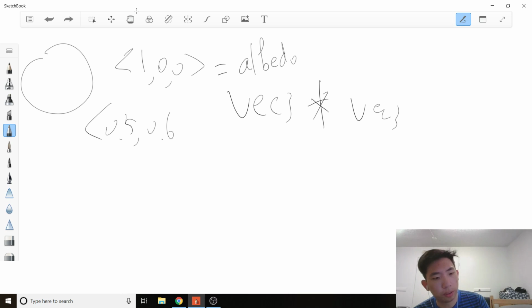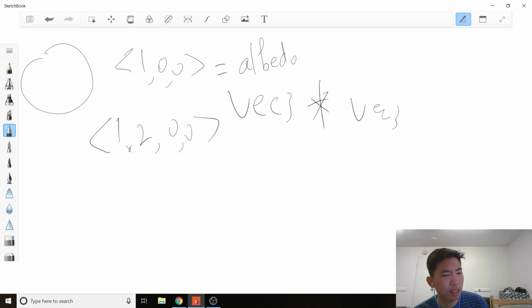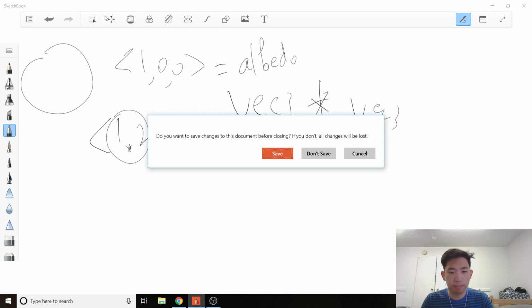And beware also that each coefficient denotes, say if it's 0.5, that means when the light leaves the surface, 0.5 of the light still exists. So if your albedo is like 1.2, that doesn't really make sense because apparently the light reflected is going to have more energy than the light that entered at this certain frequency.